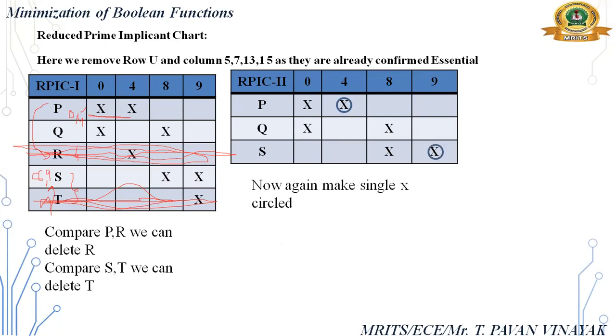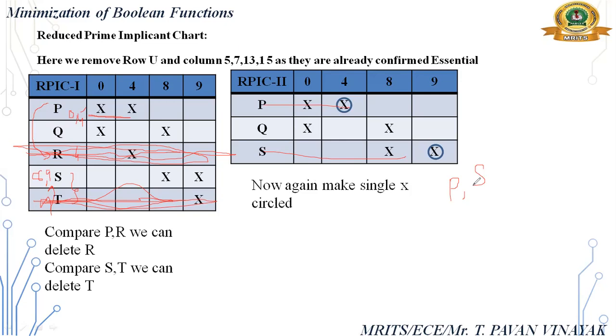Now circle again, 4, 9. Now you can say P and S are essential. Now remove P and S also, including their columns.